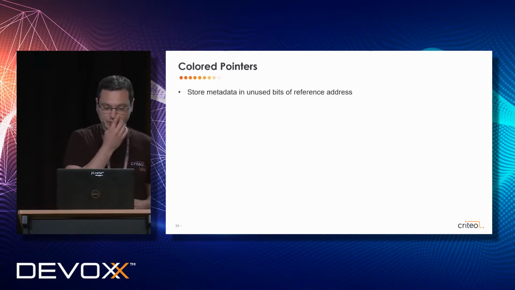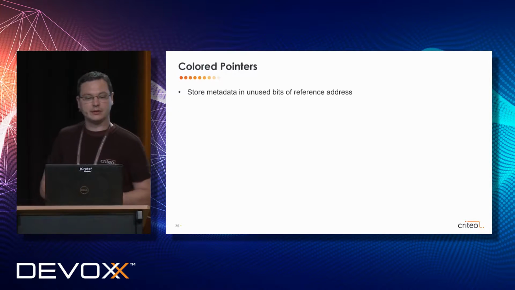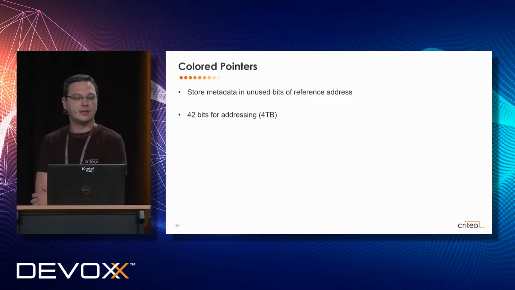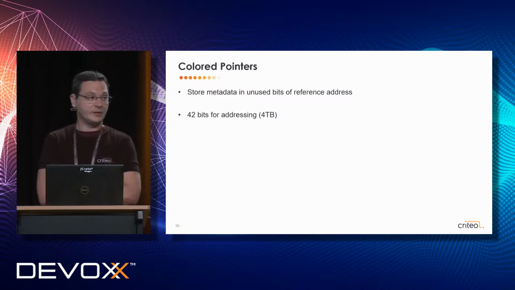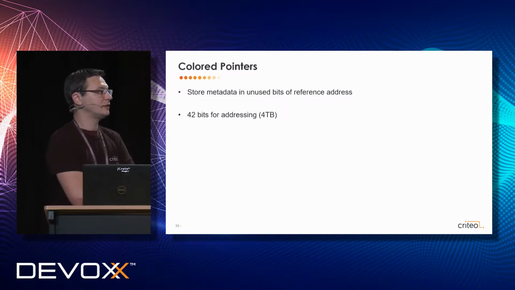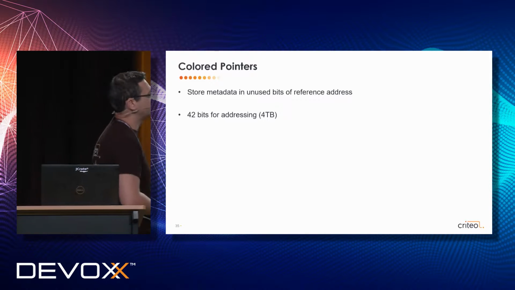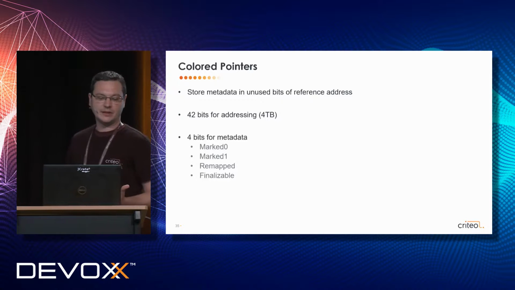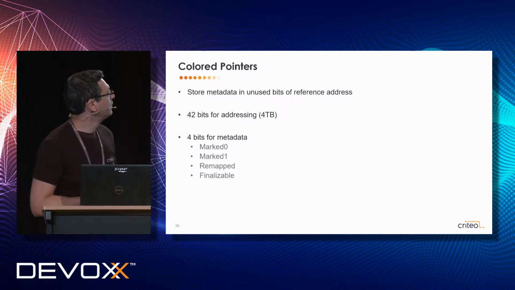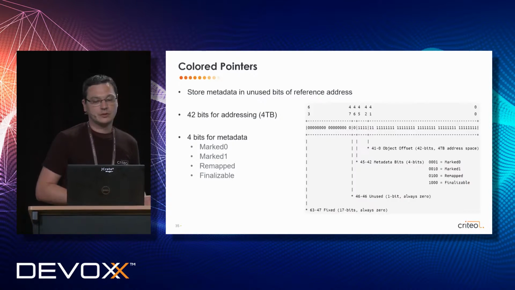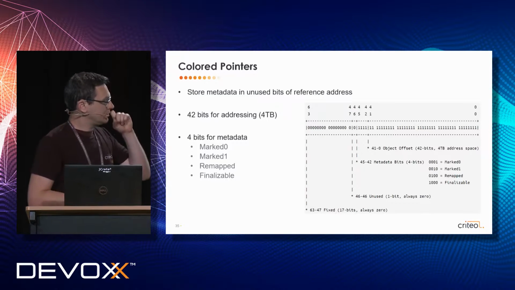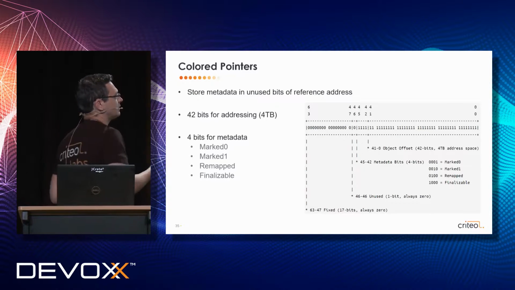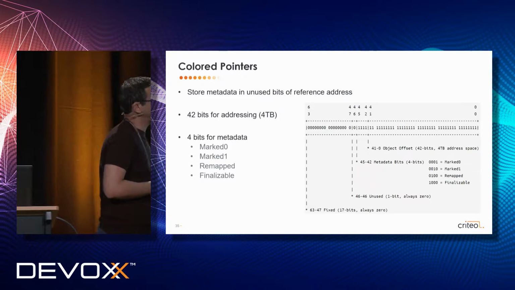So ZGC also uses colored pointers. We store metadata in unused reference bits. They use 42 bits for addressing currently, so it means that the heap size will be a maximum of 4 terabytes. And they use 4 bits for metadata: mark 0, mark 1, remapped, finalizable. That's from the source code, you have this kind of documentation.